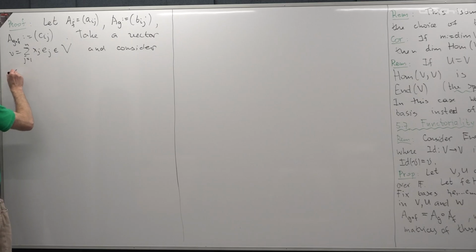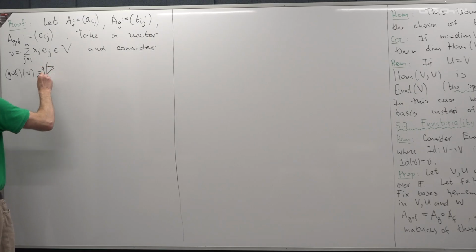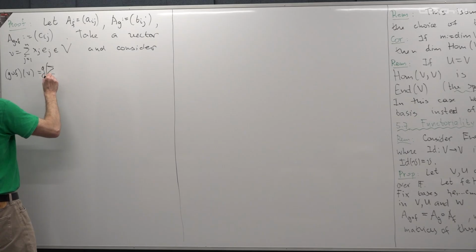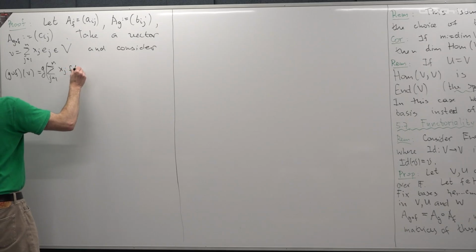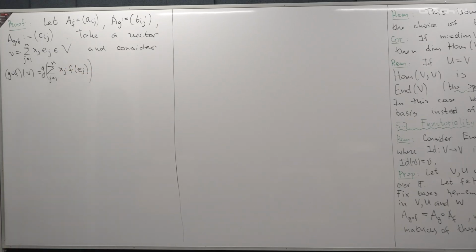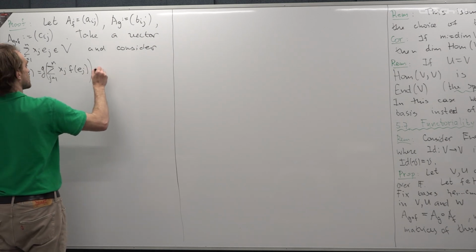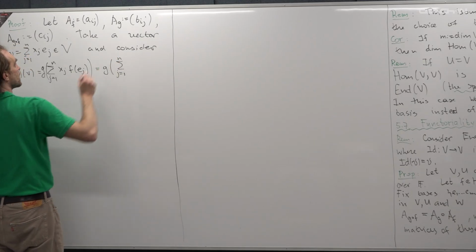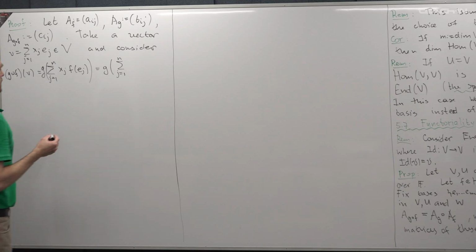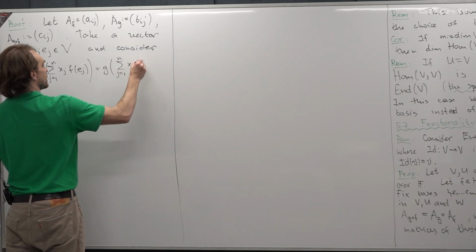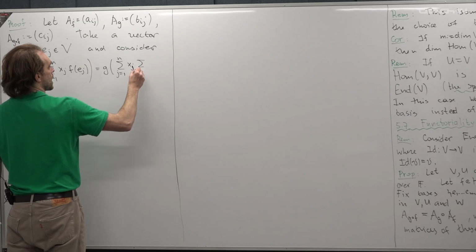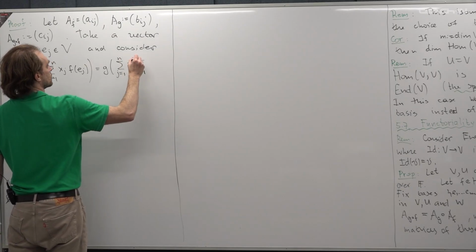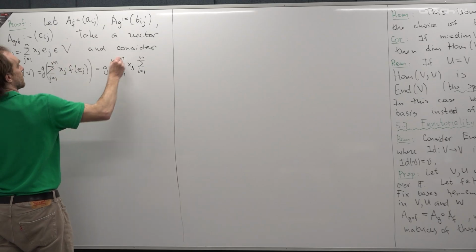So G composition F applied to v is equal to G of the sum where j ranges from 1 to m of x sub j by F of e sub j. I am using the property of linearity here, and now I can write down the coordinates of this vector using the fact that we know the matrix of this mapping. So we get x sub j by the sum where i ranges from 1 to n. Sorry, it should be m here because we have m vectors in the first basis.